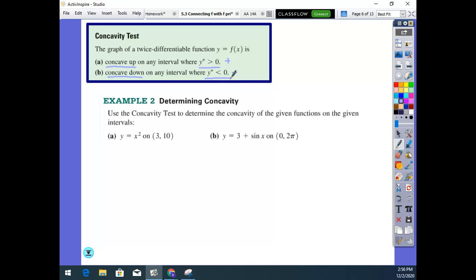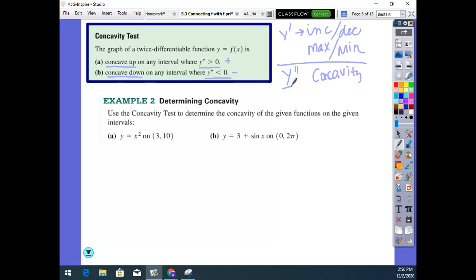So where the first derivative tests increasing or decreasing, and we find maximums and minimums, y double prime finds concavity. So the second derivative is concavity, the first derivative increasing, decreasing.